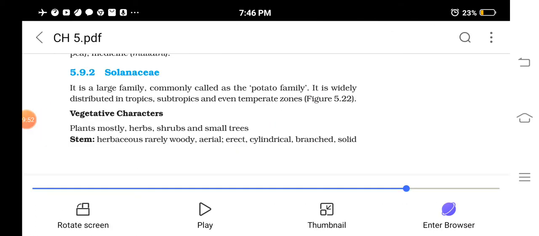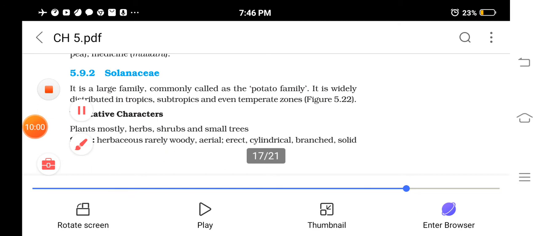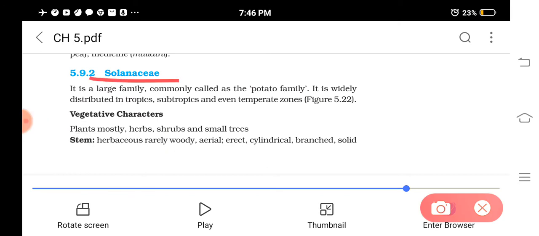I will explain the characters of each of these. So first is Solanaceae. Solanaceae is the family of our potato, the potato family. They are distributed in tropics, subtropics and temperate zones, meaning members of this family can be seen in different parts of the world.